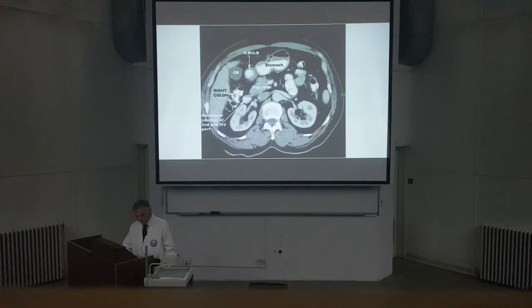Why is this the stomach? Because first of all, it is containing barium, and there is gas in it. Why is this the duodenum? Because it is to the right of the stomach, and it is not as big as the stomach, and it contains barium as well.